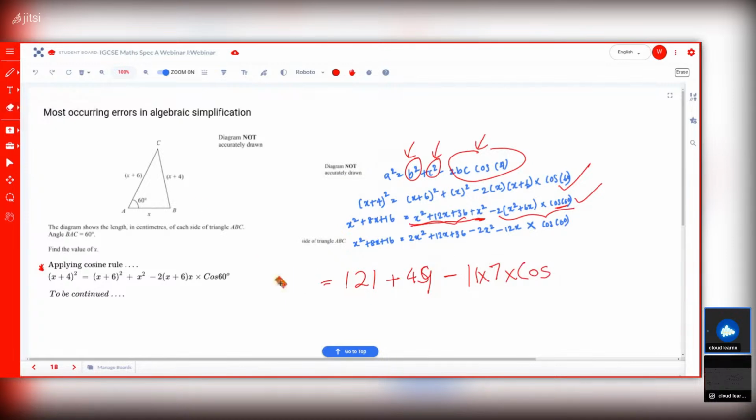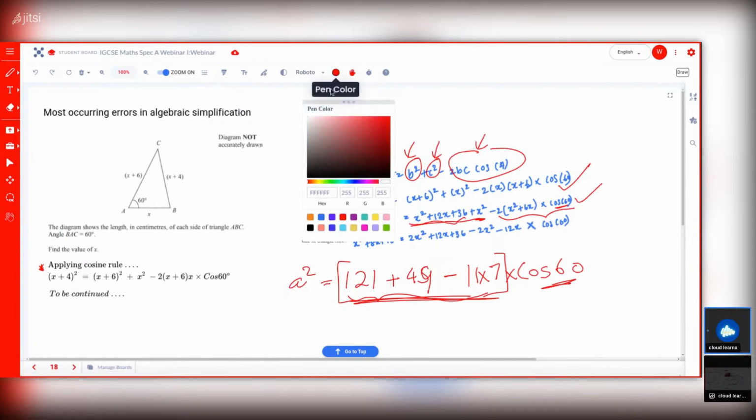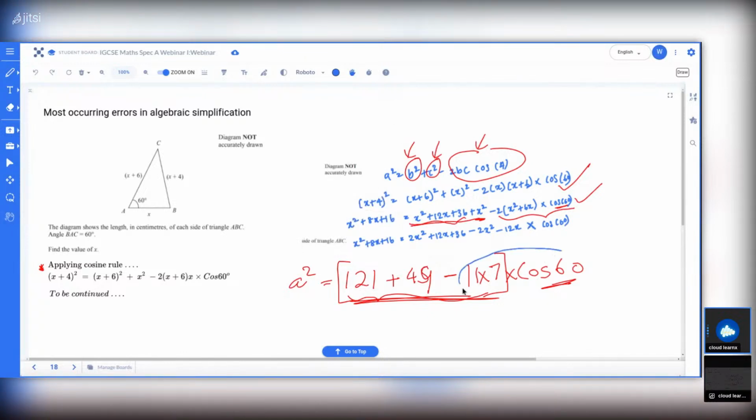Just for the sake of having an unknown. Cos 60, okay? So you can't just do this part separately. Like you can't combine these things and then multiply by cos 60, right? Remember that this is a separate term. 2bc is separate. So you want to figure out that first, do the multiplication first, and then think about adding, right?